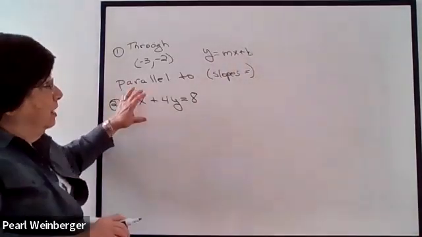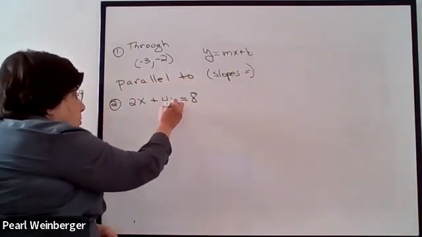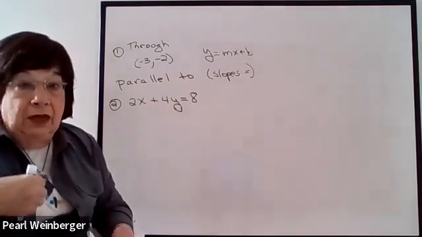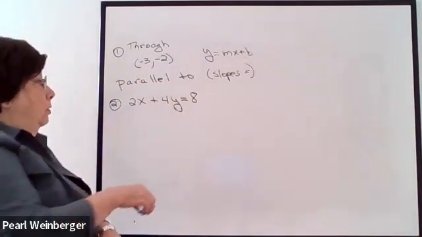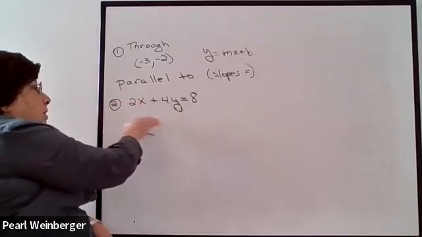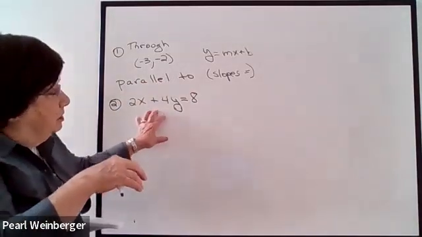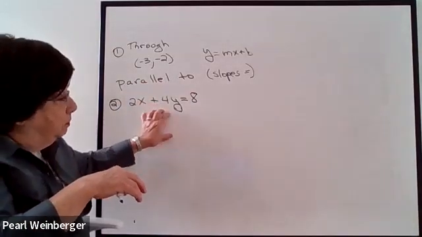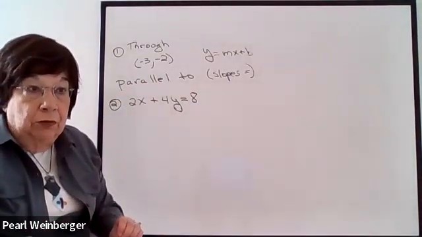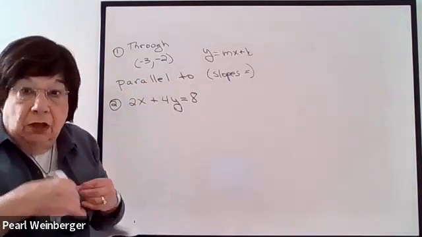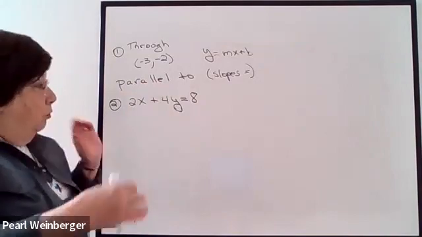So if I could somehow figure out the slope of this line number 2, I would then have the slope of the line that I'm looking for the equation of, because they're the same slope. They gave me the equation of line number 2, which means if I put this in the y equals mx plus b form, the number in front of the x is its slope, which means it's also the slope of the line that I want to write the equation of.